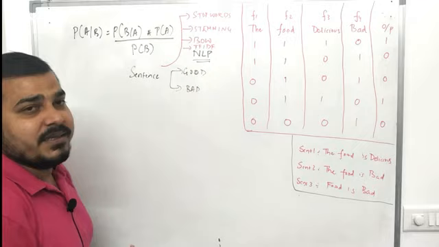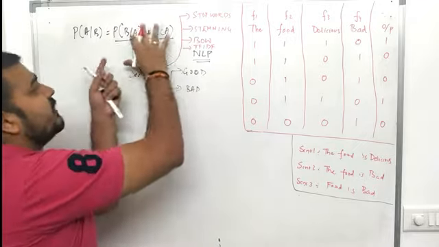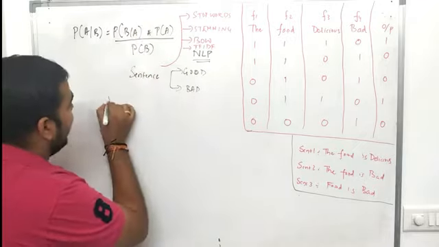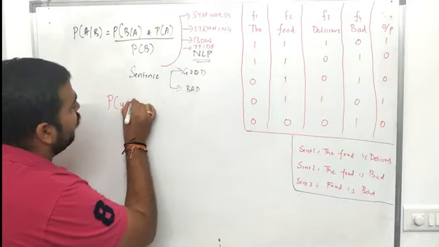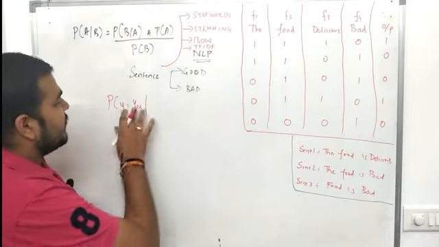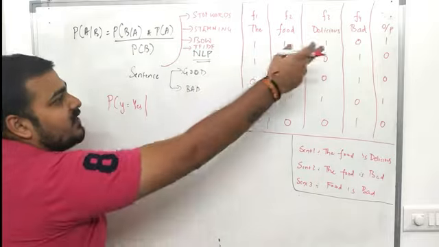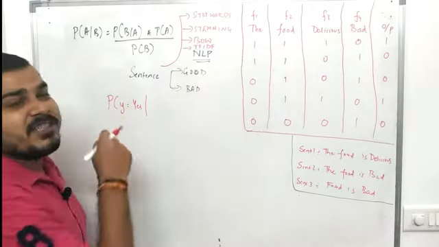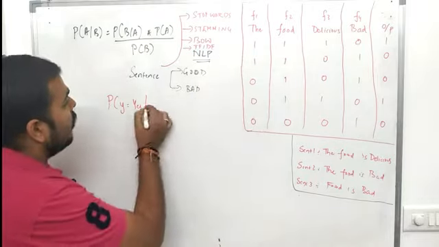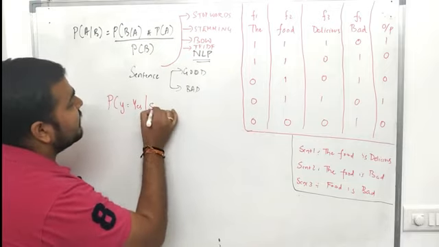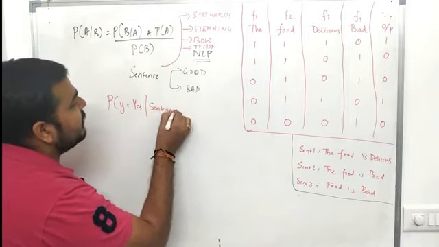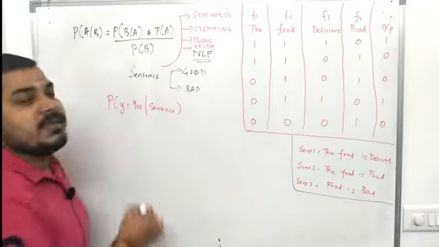Now when we have discussed this, how do we apply this Bayes theorem? My question is that I need to find the probability of y as yes, that basically means good. I'm just considering 1 as good, so here I'm writing it as yes. So given my sentence, I need to find this, right?